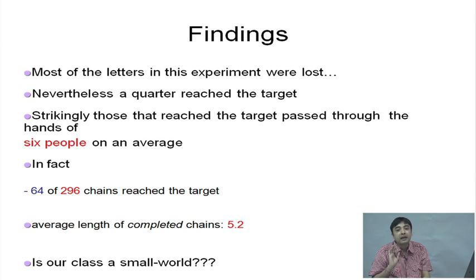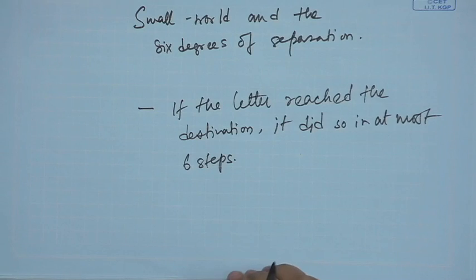So, basically every time the letter reached the destination, it reached within roughly 6 hops. This was a very interesting observation that Travers and Milgram made, and this is known as the 6 degrees of separation, and this is actually a very interesting trivia question in various quiz contests.